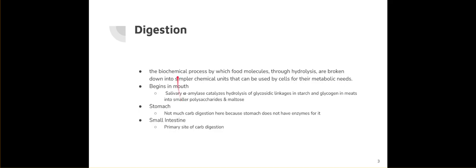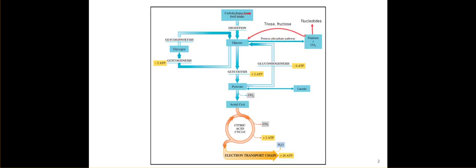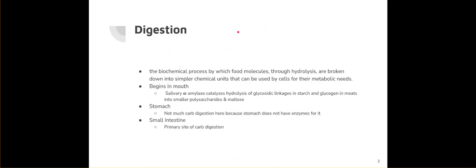Okay. So the first step here is this digestion step. Digestion is the biochemical process by which food molecules are broken down through hydrolysis into simpler chemical units that can be used by cells for metabolism. Digestion begins in the mouth.